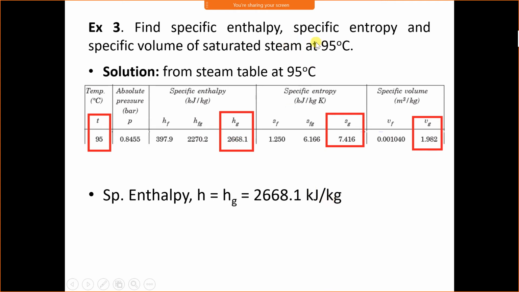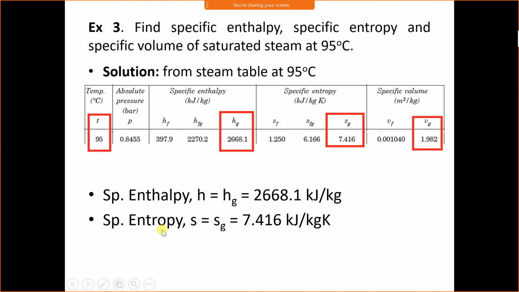Here mass is not given. Therefore, whatever enthalpy, entropy and specific volume we get will correspond to 1 kg. And whenever it corresponds to 1 kg, we write it as specific properties. Therefore, enthalpy of saturated steam is hg, and at 95 degrees Celsius, hg is equal to 2668.1.